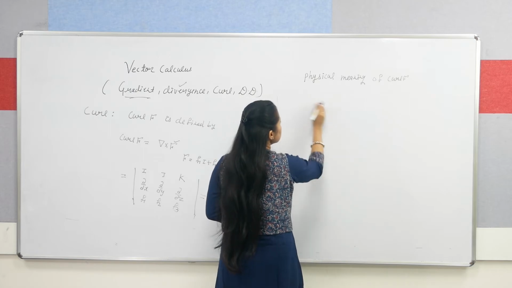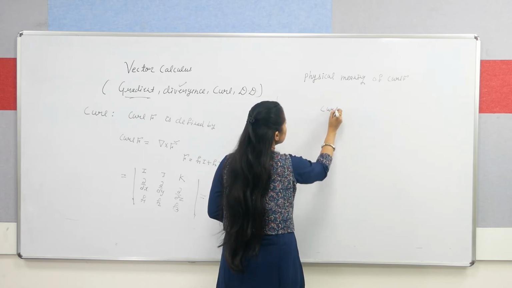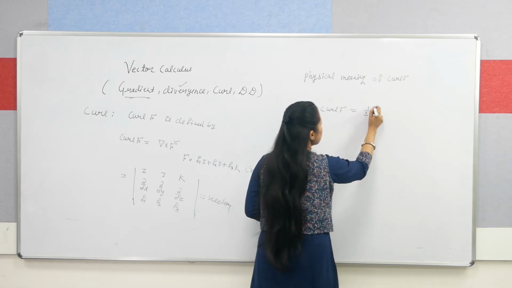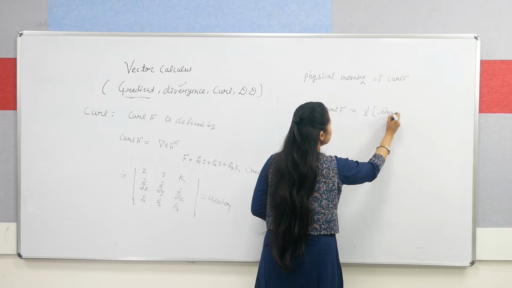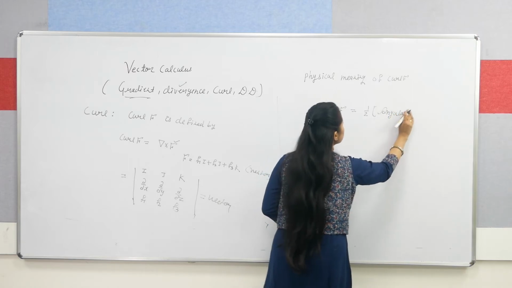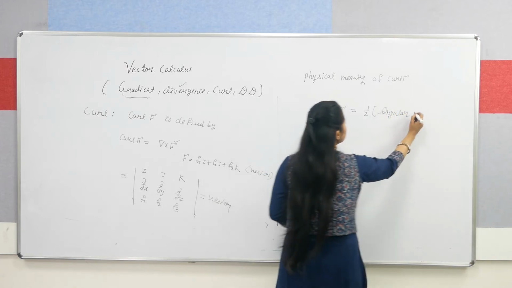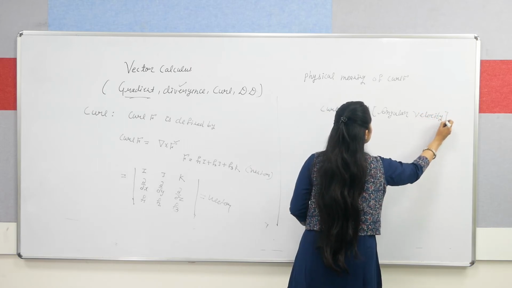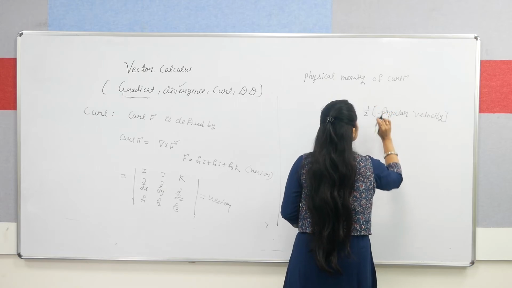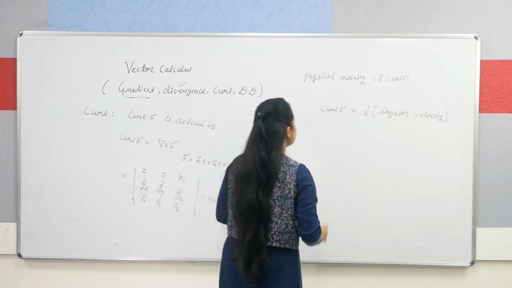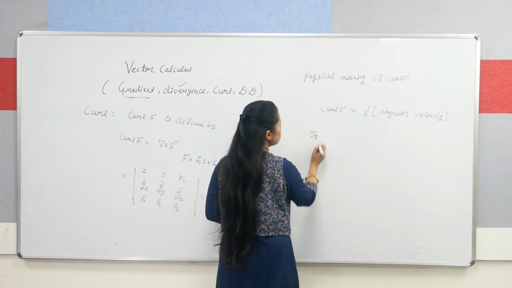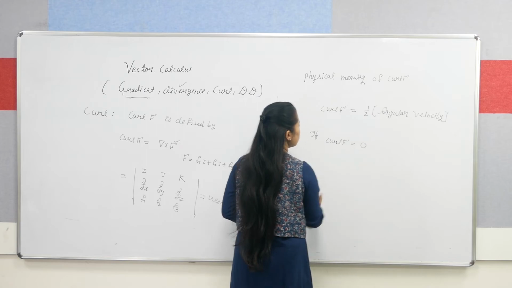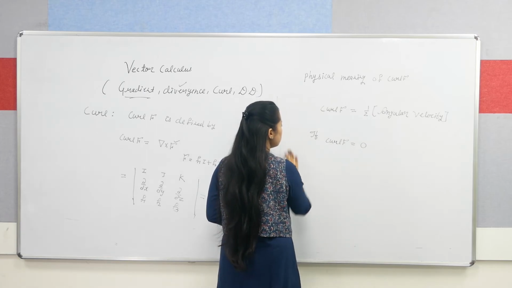Curl F is equal to half of angular velocity. So if curl F is equal to 0 in any case, that means there is no angular velocity.